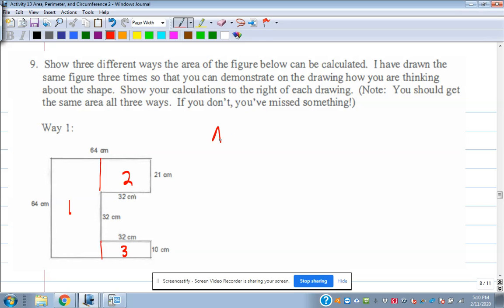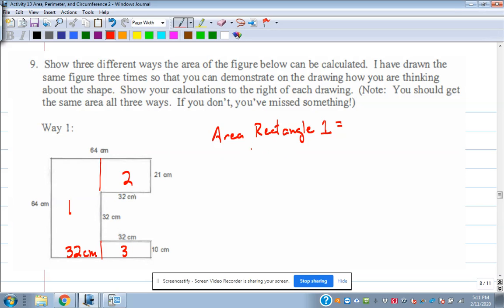So the area of rectangle 1. Well, to find the area of rectangle 1, I need a length and a width. I've got a length. I don't think I have a width, so we need to find that. Yeah, so that means this side here is going to be 32 centimeters. And then go from there.